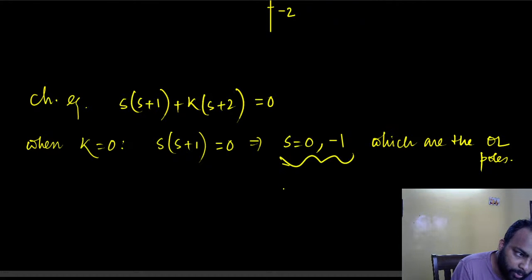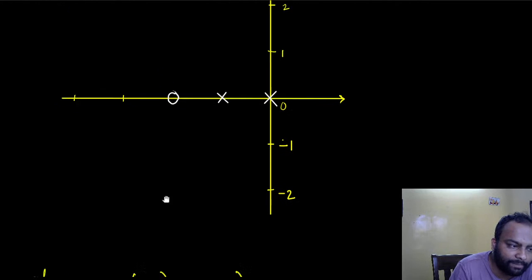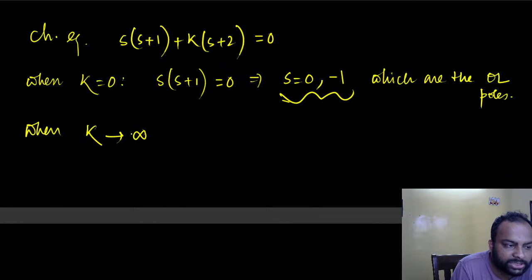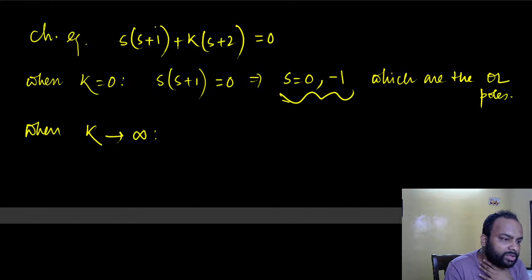So essentially the root locus starts from the open loop poles as usual. But the other thing to note here is that when k approaches infinity, what are the solutions? How do I find out the solutions here? We find the solution by dividing everything by k.